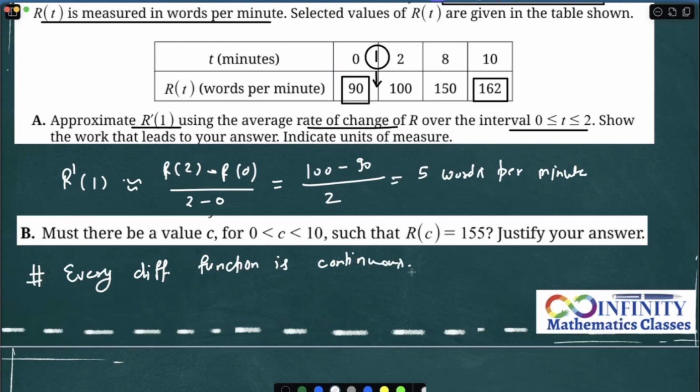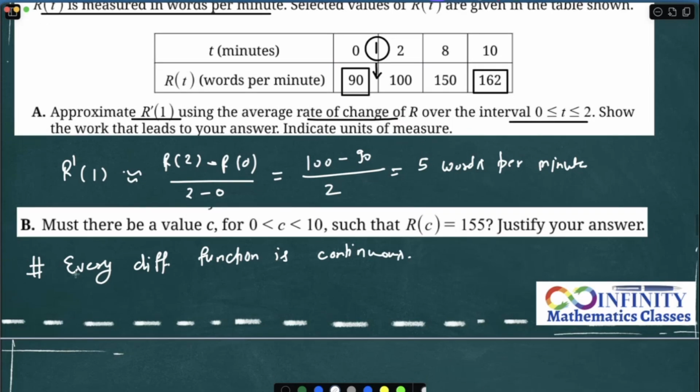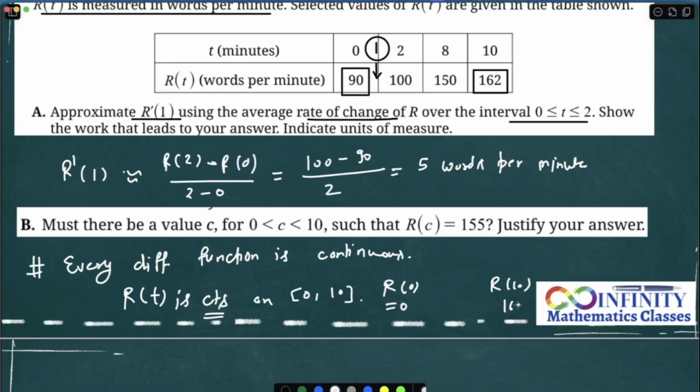So that means our R of t is continuous on the interval 0 to 10. Any doubt? You have R of 0, which was 90, and you have R of 10, which was 162. Because it is continuous, certainly there will be some time where you will have 155. Do you agree?